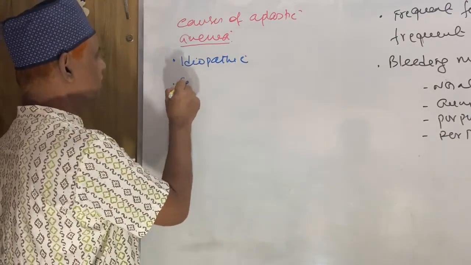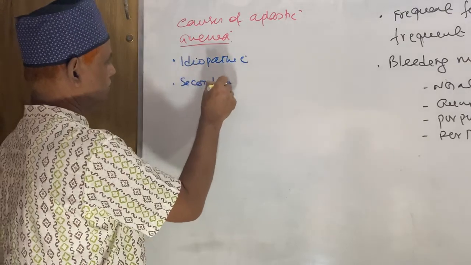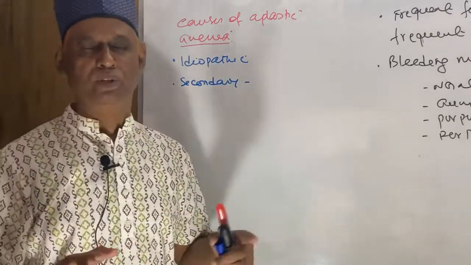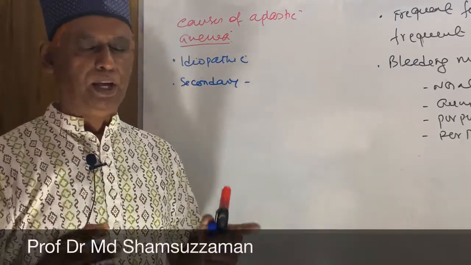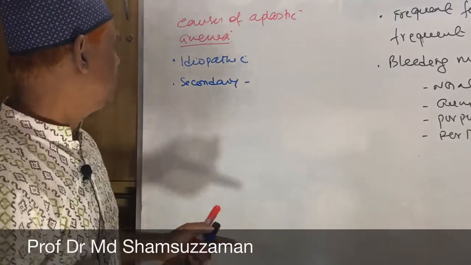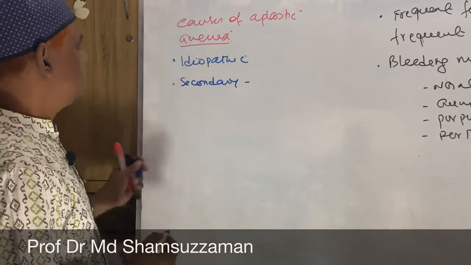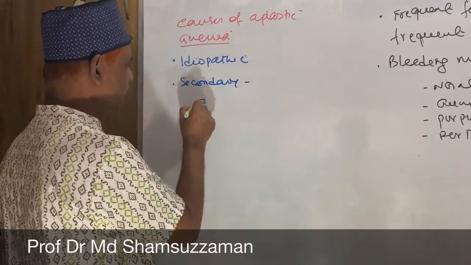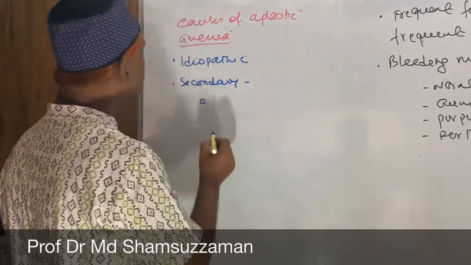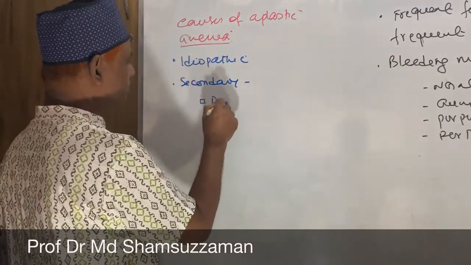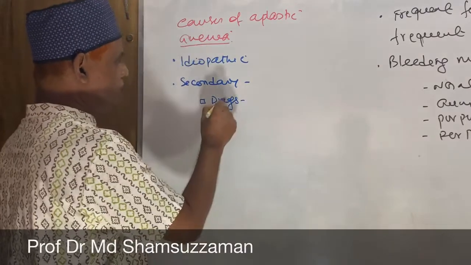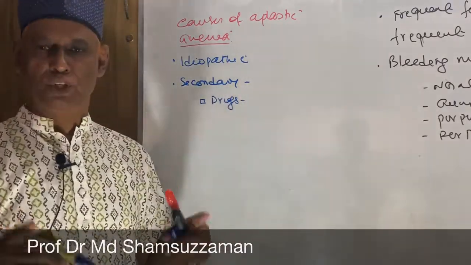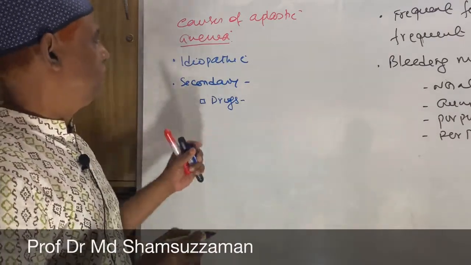Then secondary aplastic anemia, aplastic anemia due to certain diseases or causes. It may be due to administration of drugs. Certain drugs may cause depression of bone marrow, and so there is aplastic anemia.